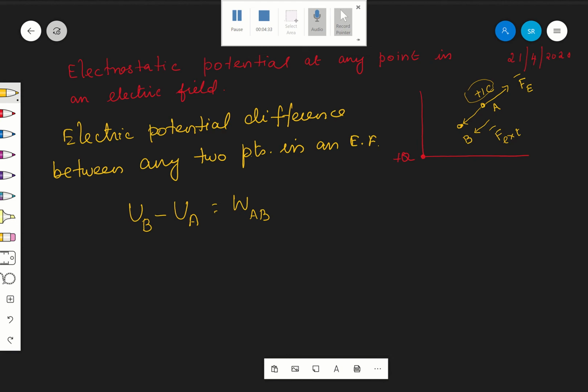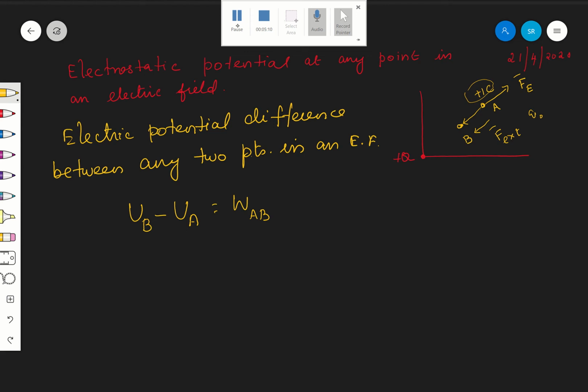For potential difference, instead of bringing Q naught, you are bringing a unit positive charge. But +1 coulomb is very huge; it has its own strong electric field. So what you have to do is bring a test charge first. When you are bringing a test charge from A to B, it gives you the potential energy difference of a test charge between the points A and B. But what I want is potential difference.